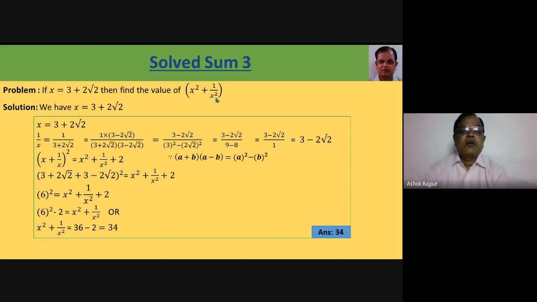No, x square plus 1 upon x square here may be positive or negative. So you will change the sign and rationalize, then find the value of 1 upon x and work as it is, as we have done here. It is the same, it is only based on the rationalization method, how we rationalize the number.